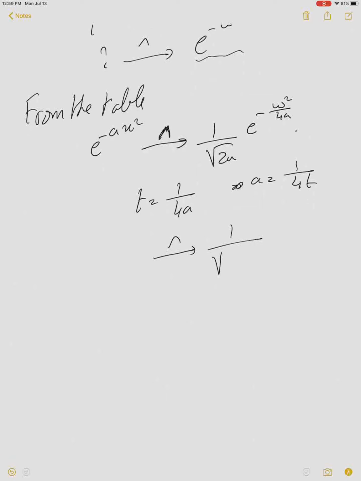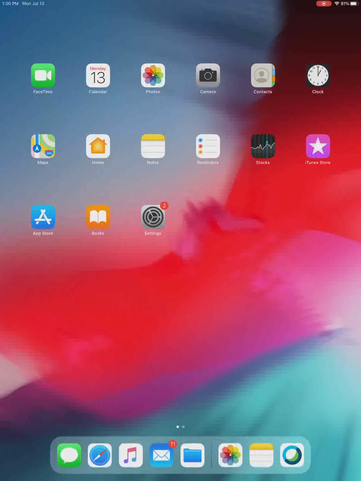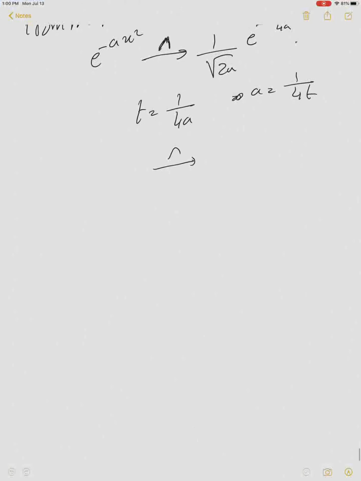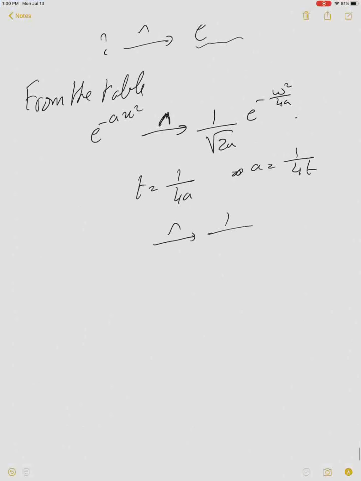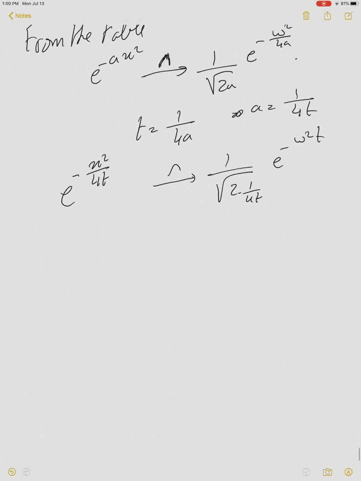So now replace: 1 over square root of 2 times 1 over 4t, e to the minus omega squared t comes from e to the minus a x squared, e to the minus x squared over 4t.